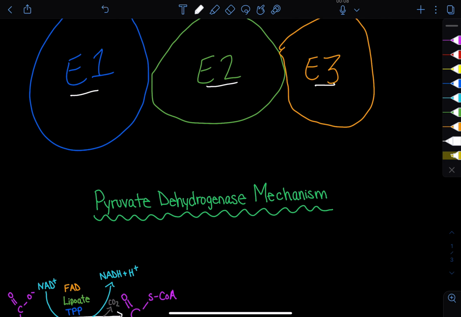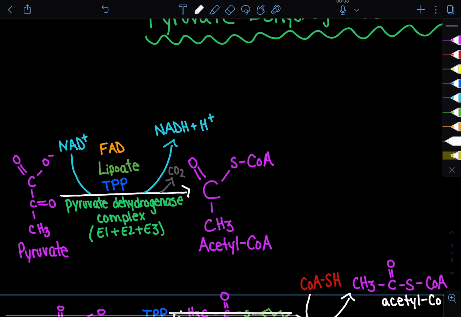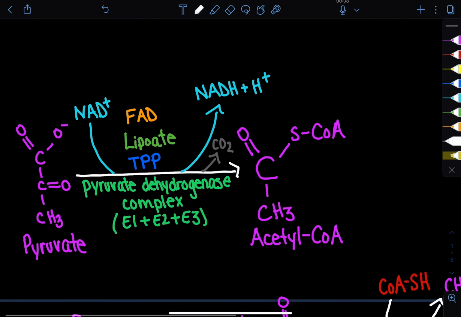All right, so let's look at the mechanism. First, let's look at a general overview of the mechanism. As I mentioned, we start off with pyruvate and we go towards acetyl CoA. Let's look at the molecule of pyruvate. We have 1, 2, 3 carbons in pyruvate, and we also have this carboxylate group over here.